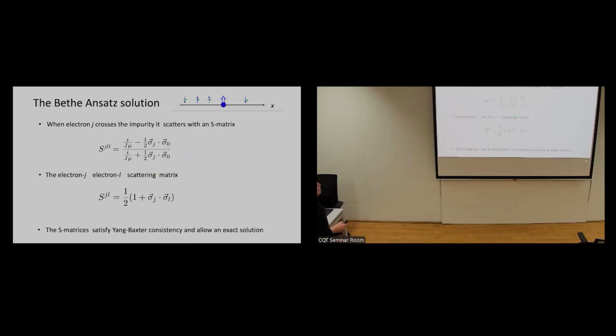One computes, again, what happens when an electron crosses the impurity and obtains this S matrix. You compute this S matrix and the electron-electron S matrix, and you see that they satisfy the Yang-Baxter equation, and this allows an exact solution.